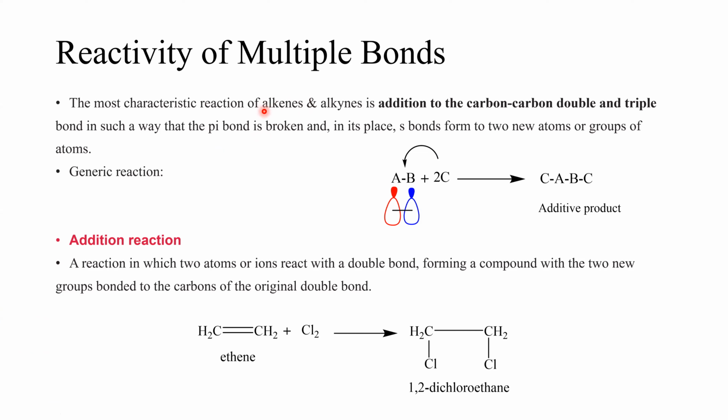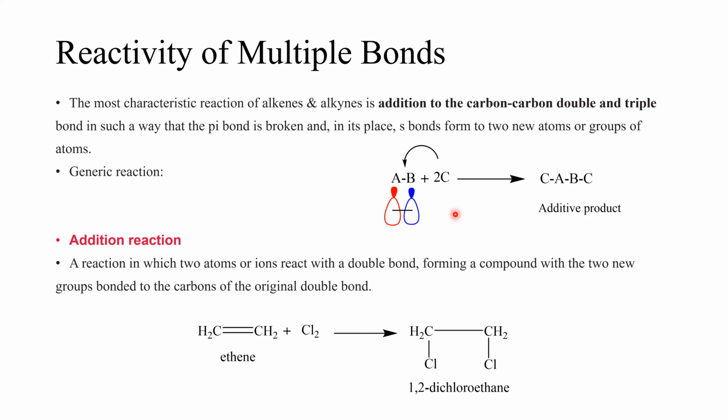As we see, to compensate the octet rule, they are deficient in hydrogen, so they are filling each other's unfilled orbital through a pi bond, right? So these are basically the addition reactions, which can go with the alkenes and alkynes quite easily.